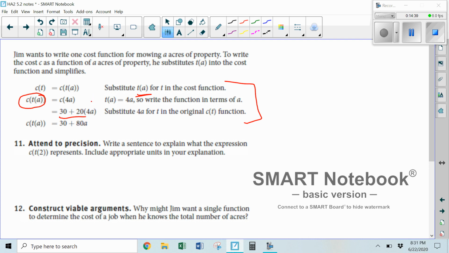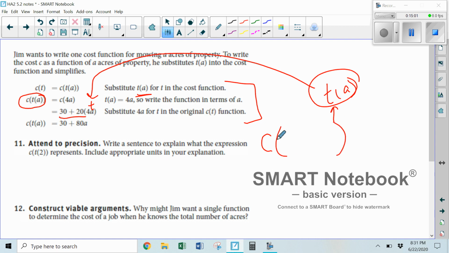Normally this was just a T, but if I do the function T of A, my output will be time. So that's why we're putting T of A in right there. Okay, so that's why it's written as C of, what are we plugging in? We're plugging in T of A.